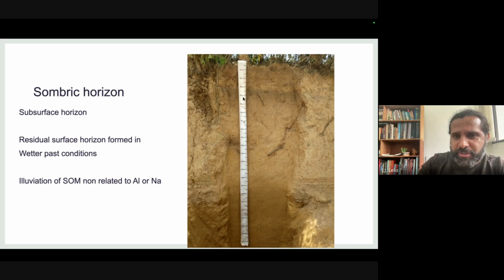So I register a horizon that in the past was formed by wet conditions, so with high organic carbon content and darkish colors. But then after some time, after the formation of this umbric horizon, we have a change, a switch of climate conditions.